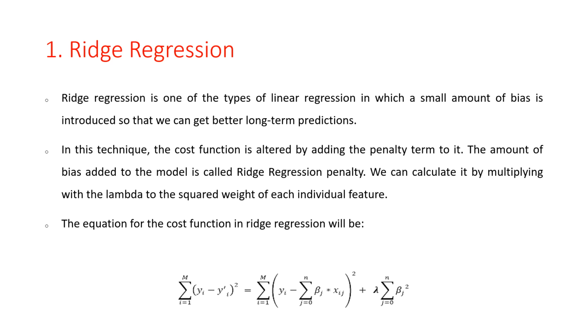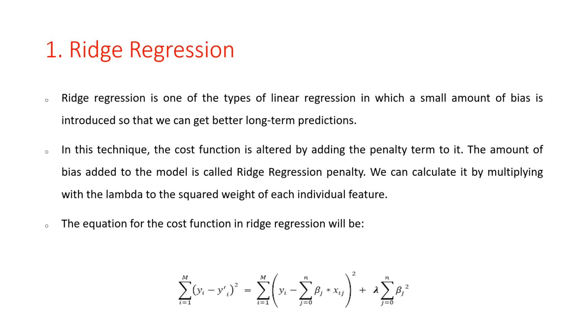In this technique the cost function is altered by adding a penalty term to it, and the amount of bias added to the model is called the ridge regression penalty. We calculate it by multiplying lambda with the squared weight of each individual feature.